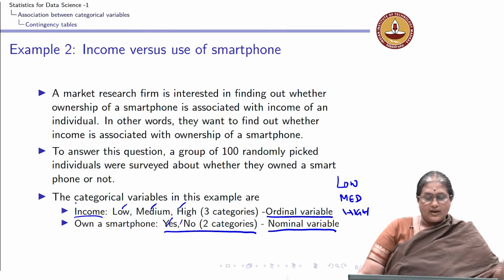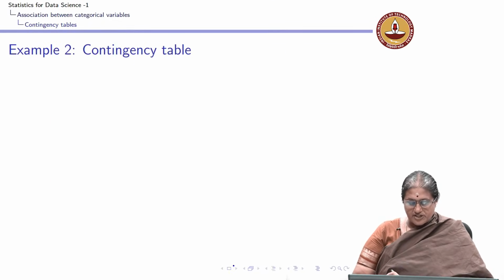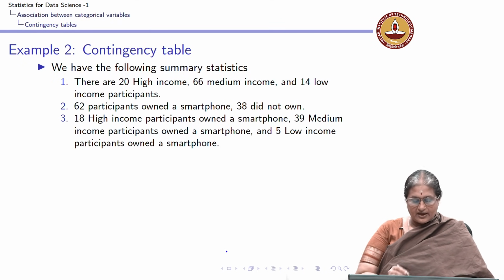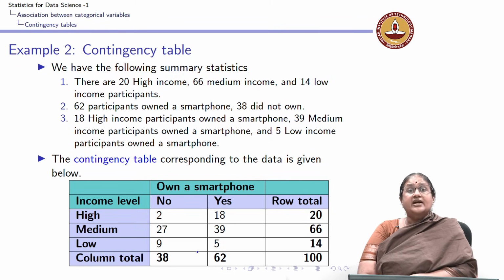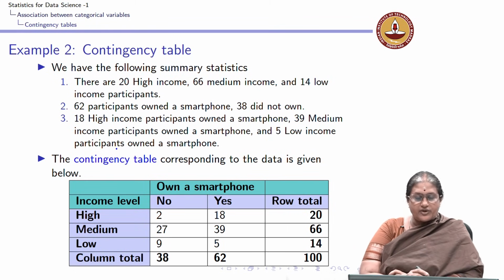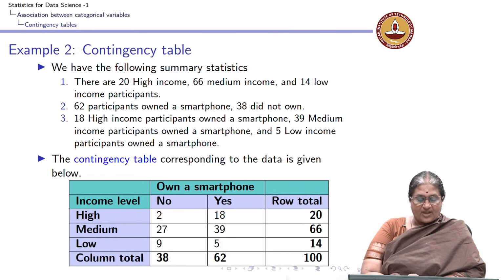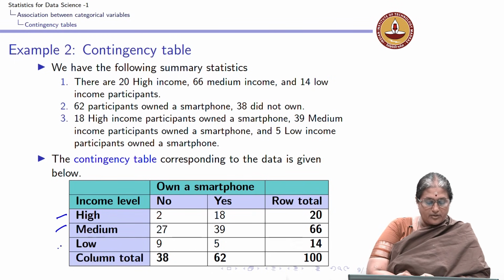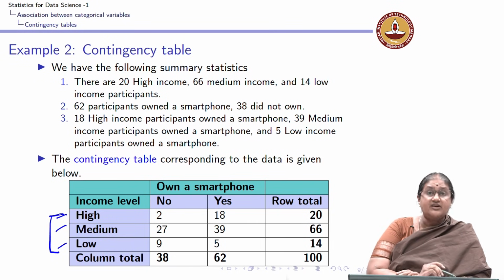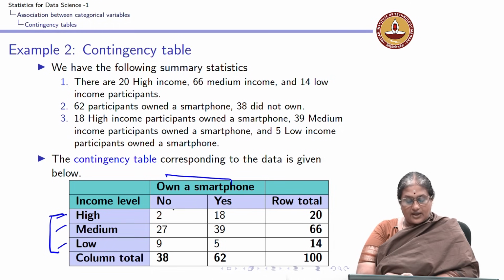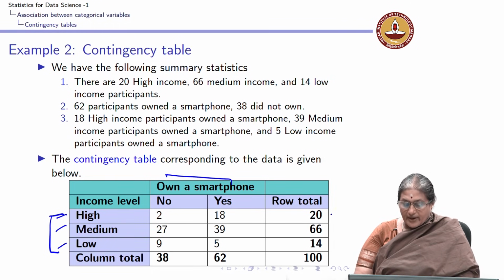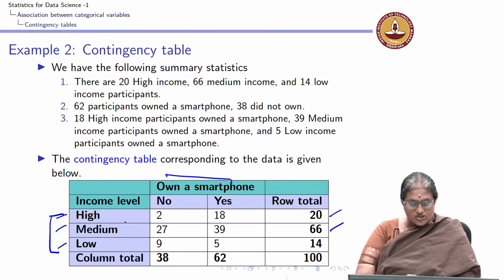So, finally, how does my contingency table look for this? I have this data and using this data, the corresponding table is, I have a high, medium, low. The order is preserved in the income. Whether they own a smartphone or not is recorded. I have 20 people who are high income, 66 who are medium, 14 who are low income.